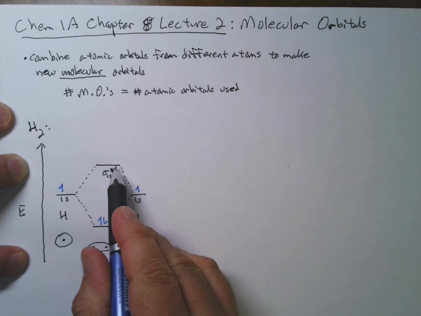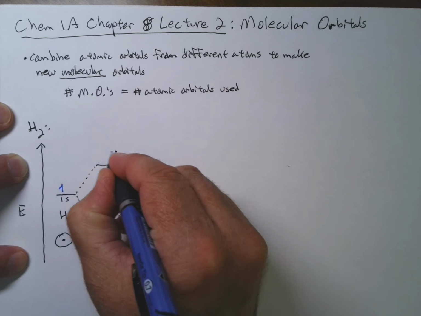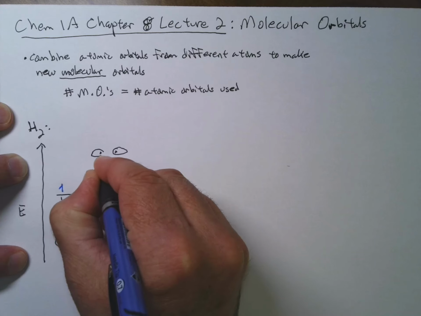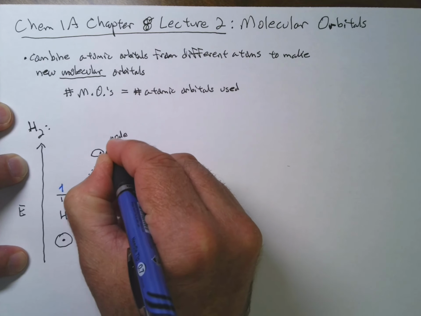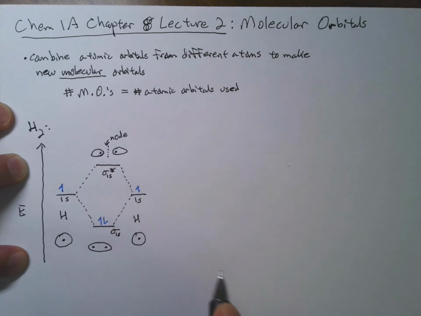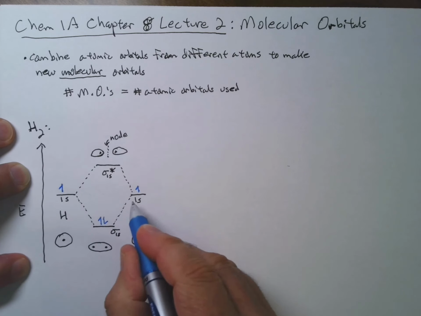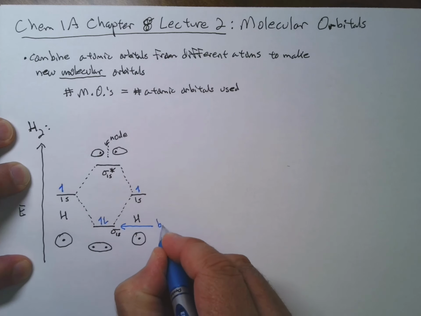Up here at the top, if we had any electrons in this orbital, they'd look very different. It would look like that, with a node in the middle, an area of 0 electron density in the middle. Now, we refer to these orbitals that are lower in energy than our starting orbitals as bonding orbitals.